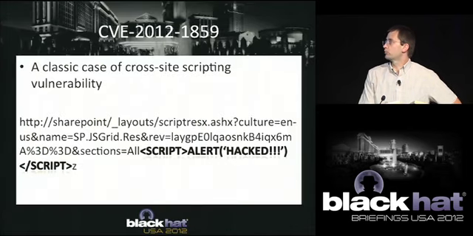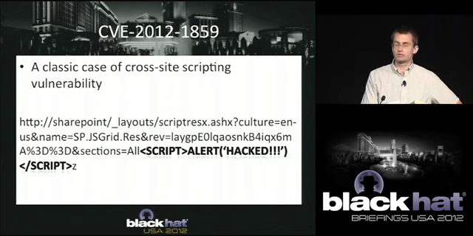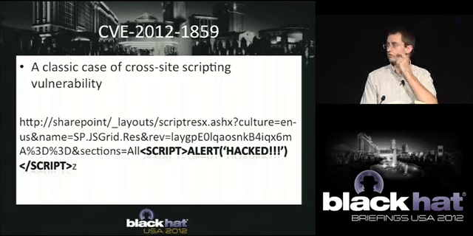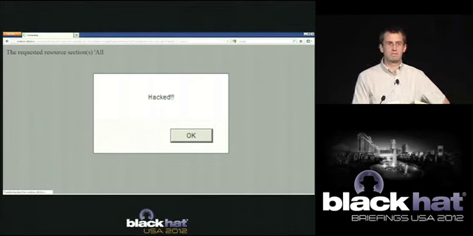So the second example is a cross-site scripting vulnerability that was patched in July. It's a typical reflected cross-site scripting where in certain circumstances, an attacker could just put a script in the sections parameter of the URL. And it was very bad.